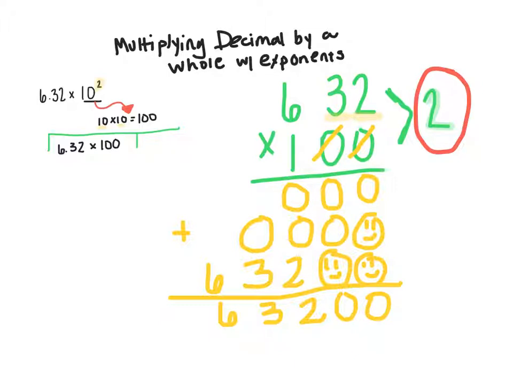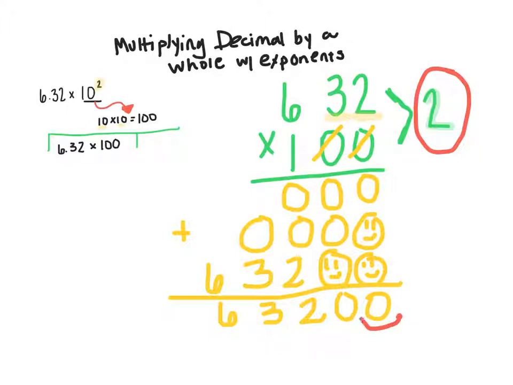The thing is, I can't forget about this very important step that I did at the very beginning. It states that I had a 2, which now means I'm going to move over to the end of this number that I have here, and from right to left, I will make 2 jumps because that is what I wrote down earlier.